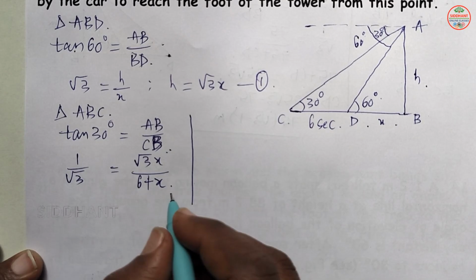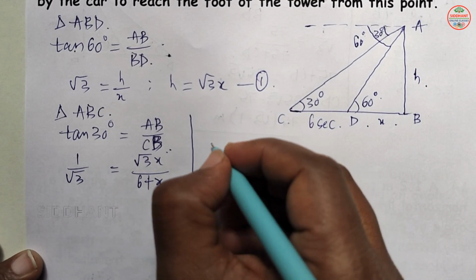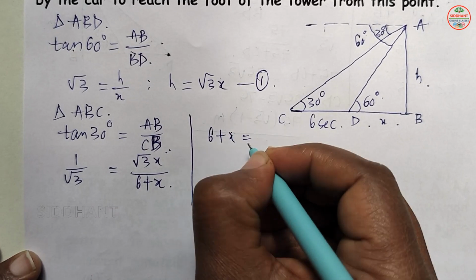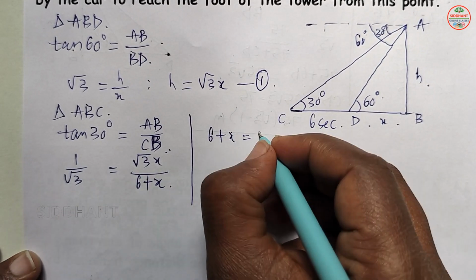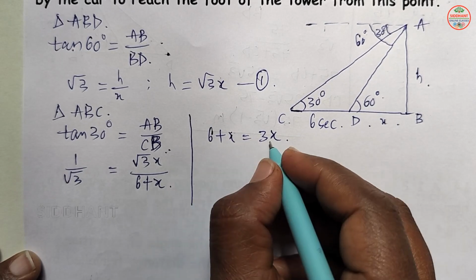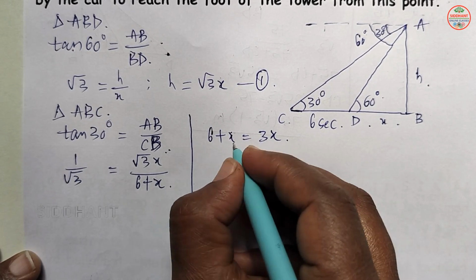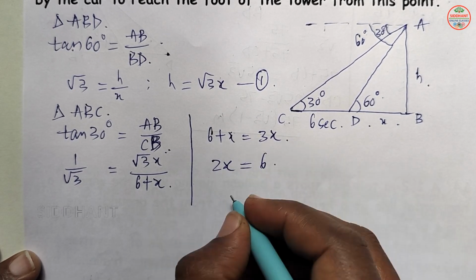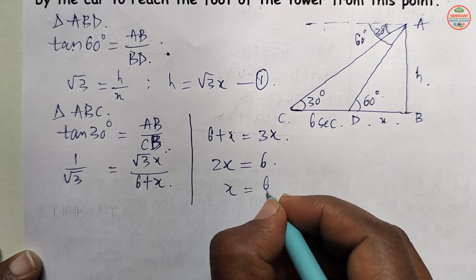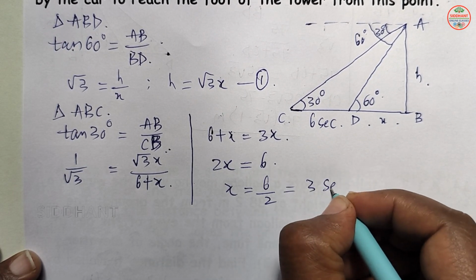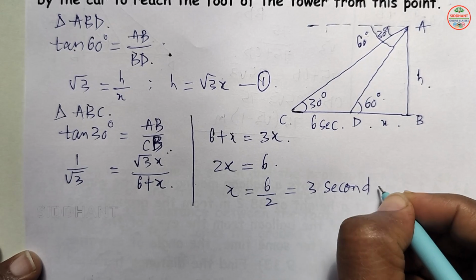Now cross multiplication: 6 plus X equals root 3 times root 3 X, we get 3X. Sending it over, 3X minus X, we get 2X equals 6, and X is equal to 6 by 2. So that will be 3. So 3 seconds is the answer.